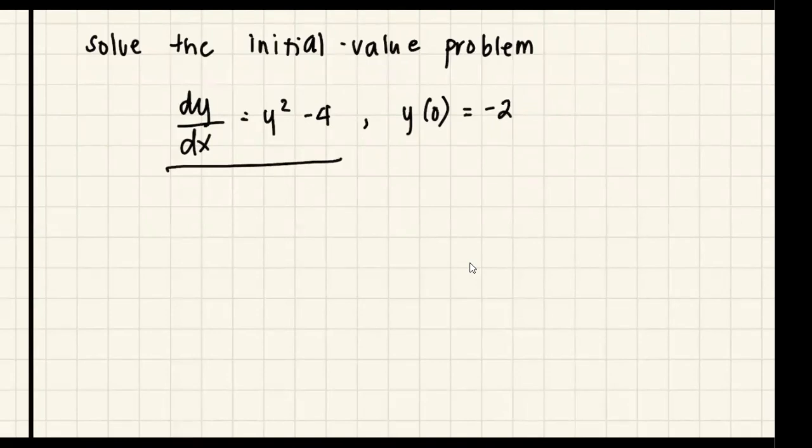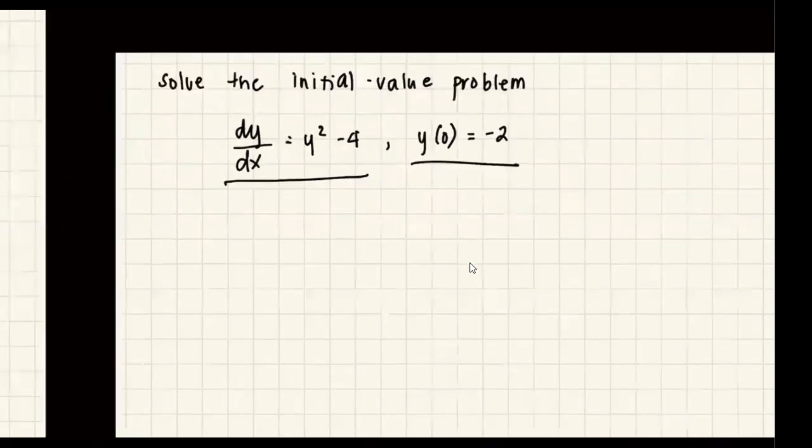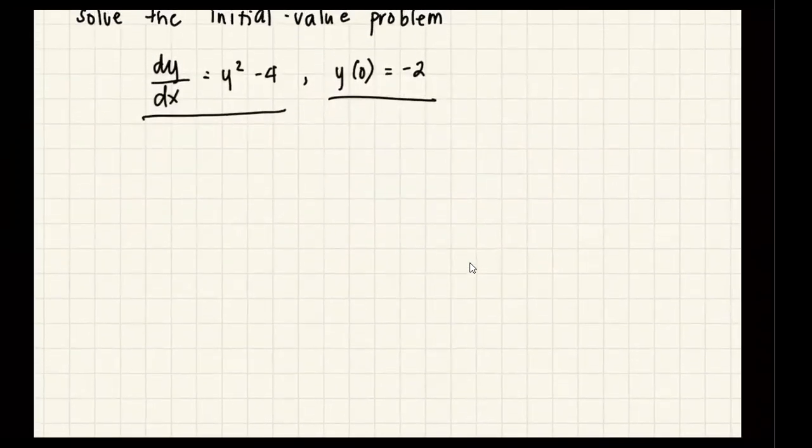Pinapahanap yung solution. Okay? So, given yung condition na to na yung y natin is equals to -2 if x is equals to 0. So, kailangan kunin muna natin yung solution o yung function natin mismo. So, we have dy over dx is equals to y squared minus 4.